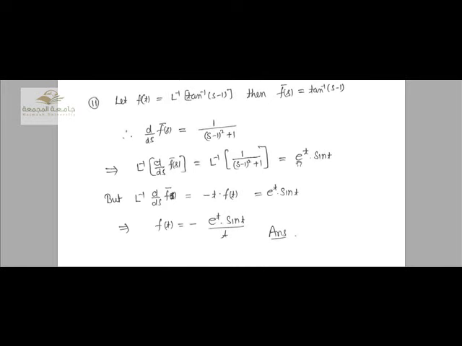Second one, f(t) = L inverse of tan inverse (s-1). Then f bar(s) = tan inverse (s-1). Therefore, d/ds f bar(s) = 1/((s-1)^2+1), implies L inverse of d/ds f bar(s) is equal to L inverse of 1/((s-1)^2+1), which is equal to e^t sin t.